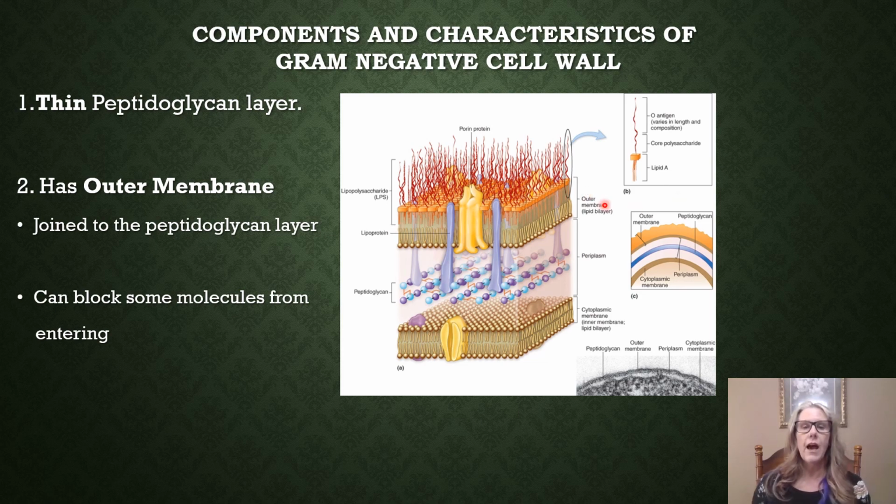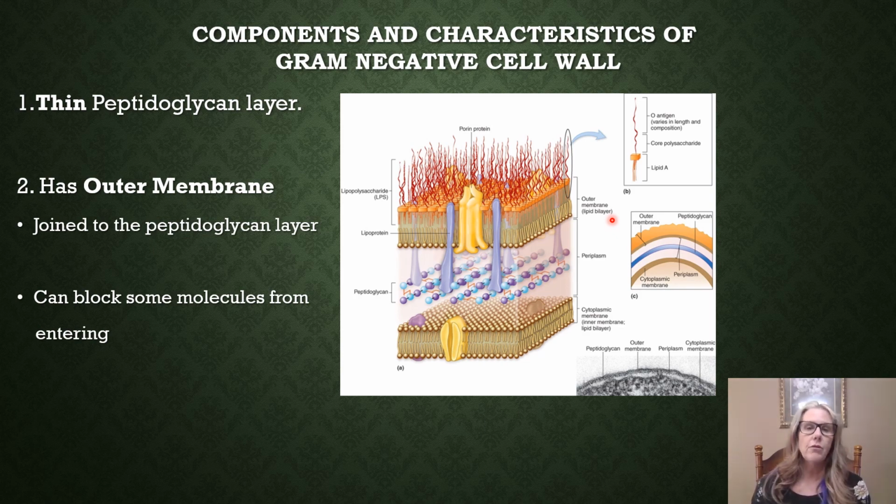They have an outer membrane made up of a phospholipid bilayer, okay, and some other things going on. So this outer membrane is a unique lipid bilayer. It is physically joined to the peptidoglycan layer, and you can see that represented in these purple spikes, we'll say.